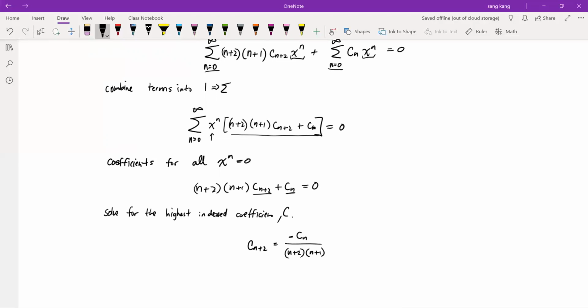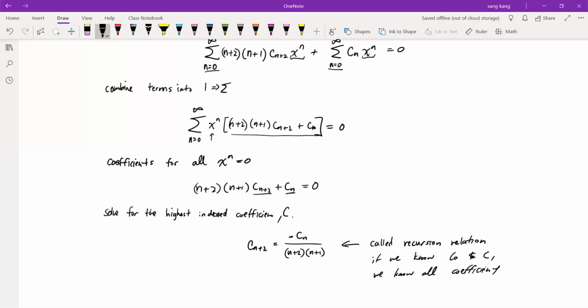Right? So this is called the recursion relation, which just means that if we know the first two coefficients, C naught and C1, we know all coefficients through this recursion relation.